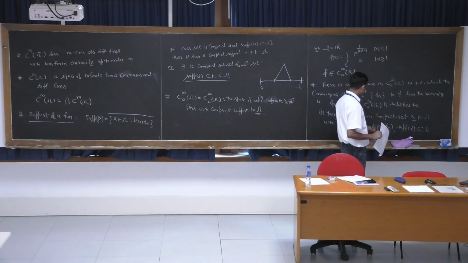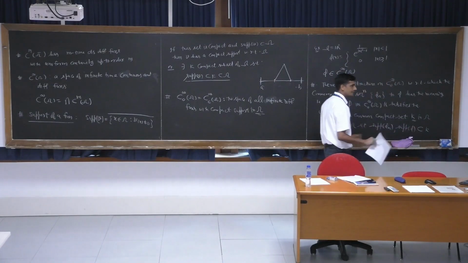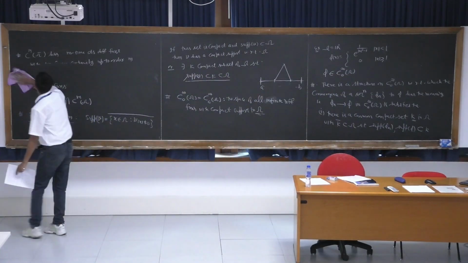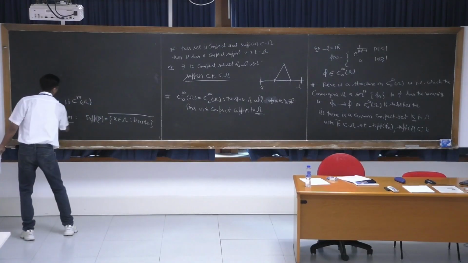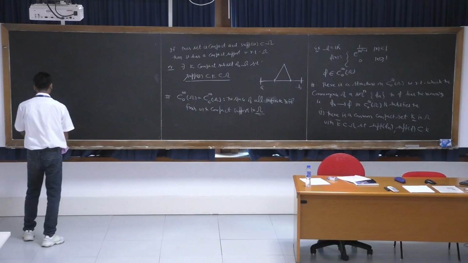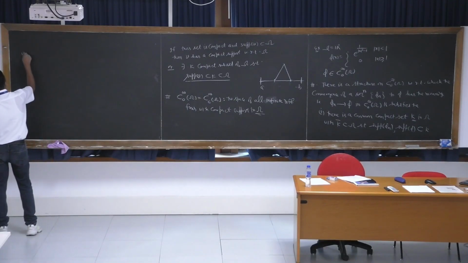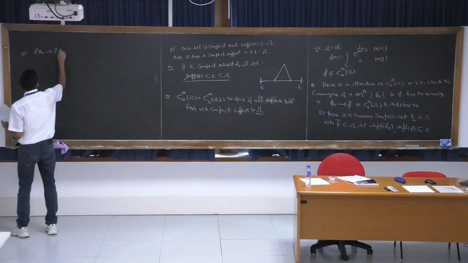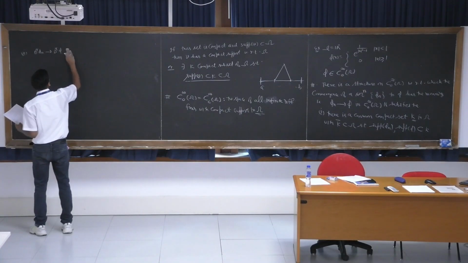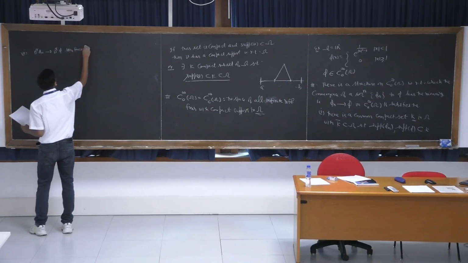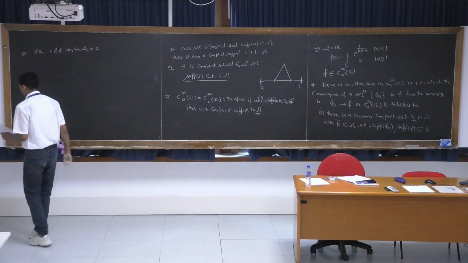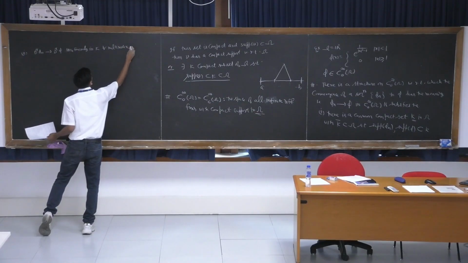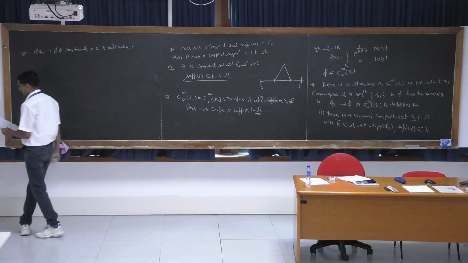Both supports are contained in K; there exists a common set K which satisfies this. And the second property: d alpha phi n converges to d alpha phi uniformly in K, for all multi-indices alpha.